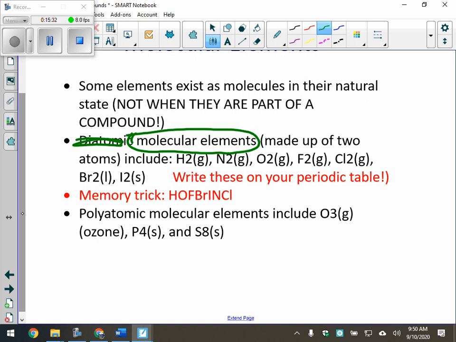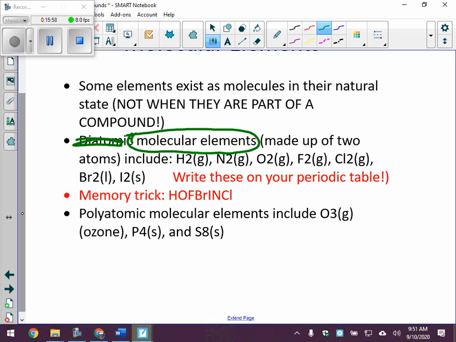Phosphorus usually comes in 4s, and sulfur usually comes in 8s. Ozone is not that common, but just be aware that it is technically a molecular element. The term molecular element comes from the fact that they're elements joined together to form a molecule. In other words, a couple of them come together and bond, or share, covalently bonded together.